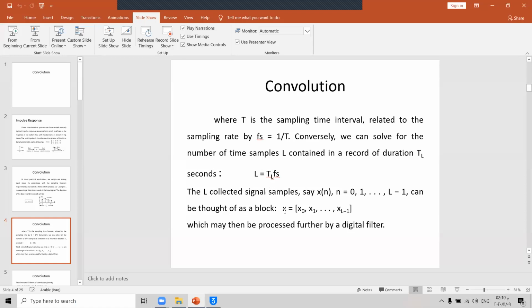From now on, we can imagine that this signal is a single dimension array. So here we have the variable x equals x0, x1, up to x L minus 1, which may then be processed further by a digital filter.